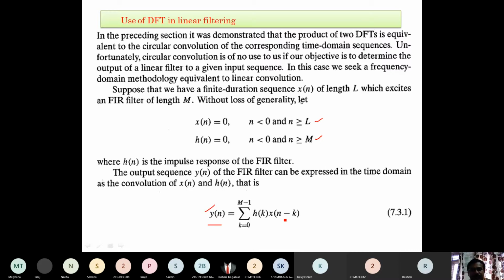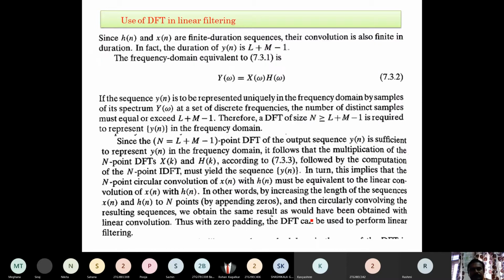Since h and x are finite in duration and their convolution is also finite, with x of size L and h of size m, the size of the output y of n is L plus m minus 1.